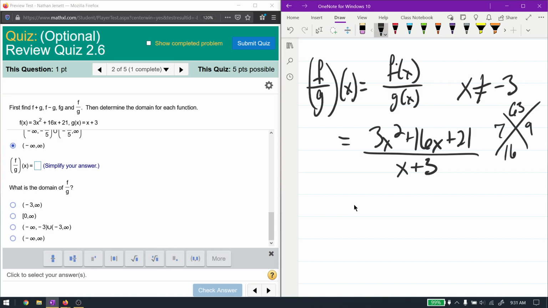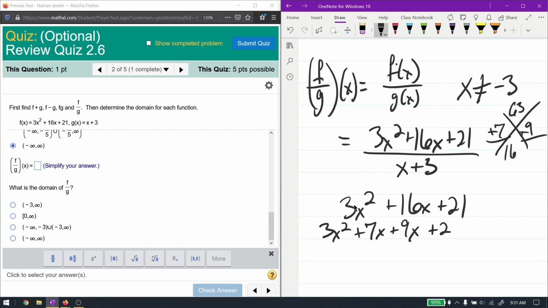For the AC method, since a doesn't equal 1 here, we have to use the full method. Bring down the first term, 3x squared, then plus 7x, then plus 9x, then plus 21. Now we can factor by grouping.